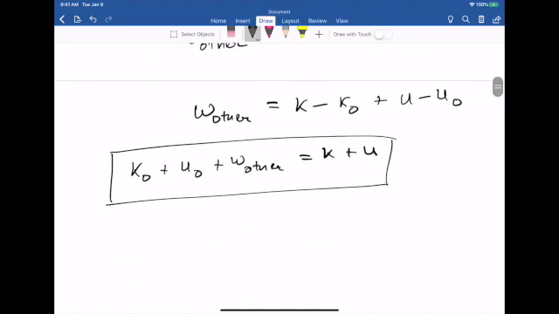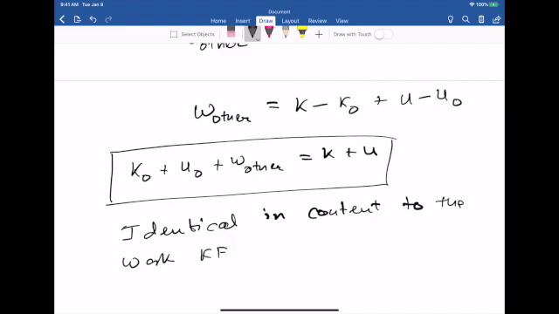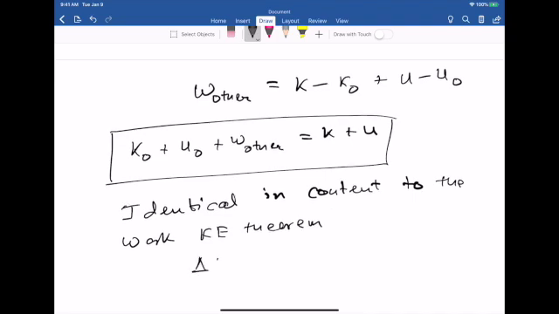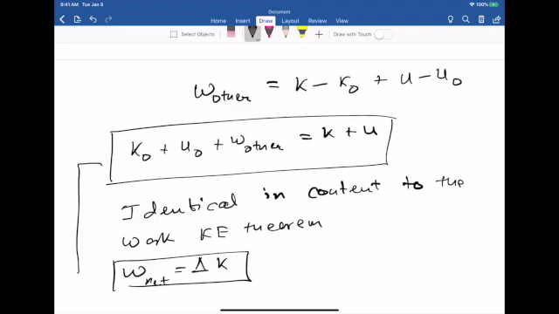So please note that this equation is identical in content to the work-kinetic energy theorem, which was net work equals delta K. So these two equations are the same. The only reason that this equation is more useful is because it brings in the concept of potential energy, and so that makes it a little bit easier to calculate things using this equation.